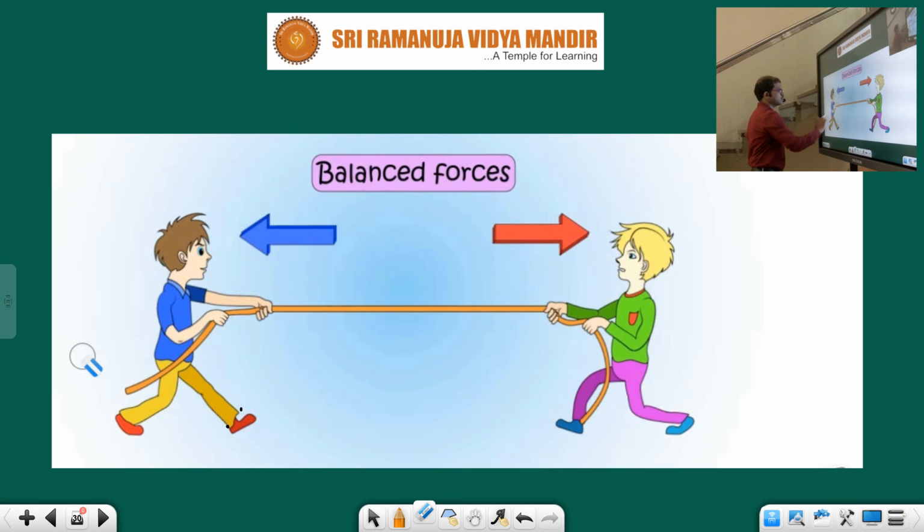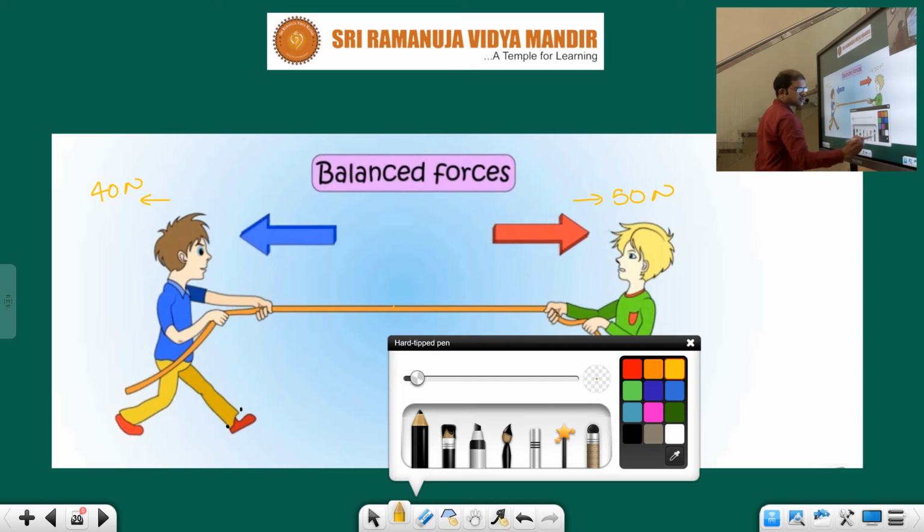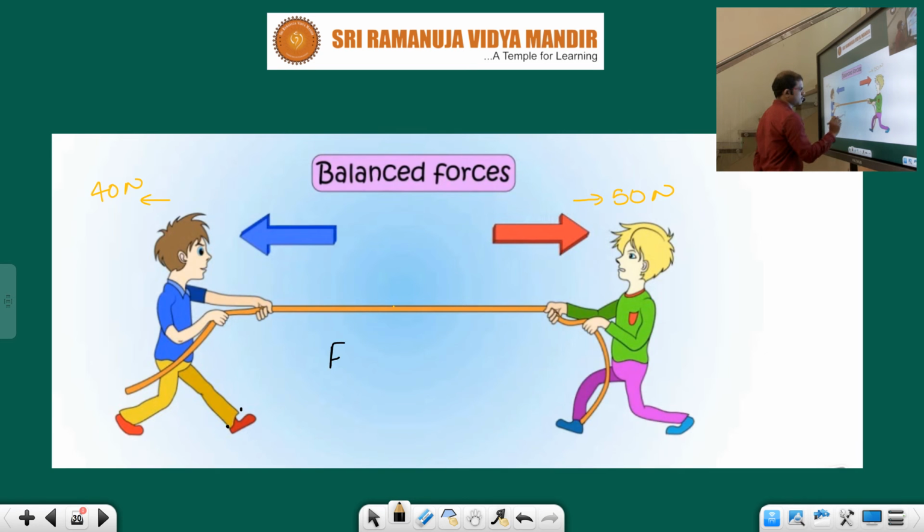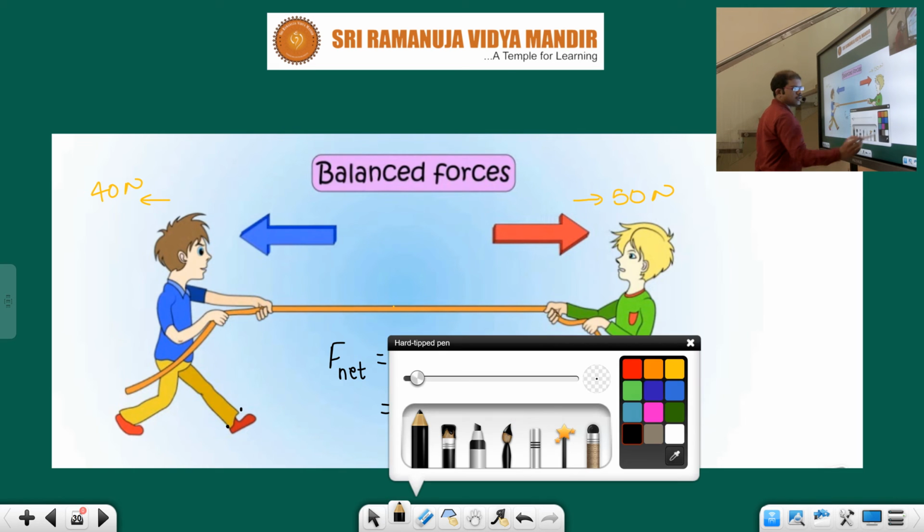See, children, again I will take the last one. See here, this boy is applying how many newtons of force? 40. This boy is applying how much? 50 on this rope. So what is the net force here on this rope? Just take 40 minus 50. How much will we get? Minus 10.